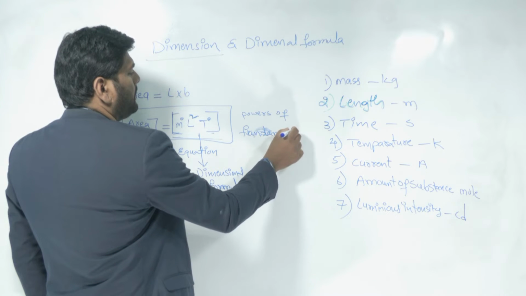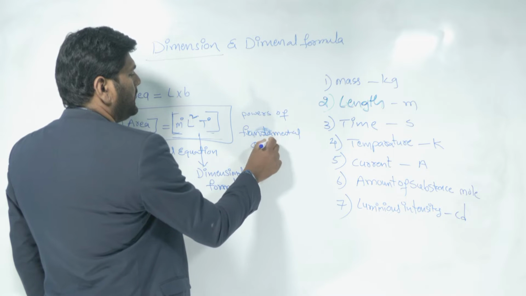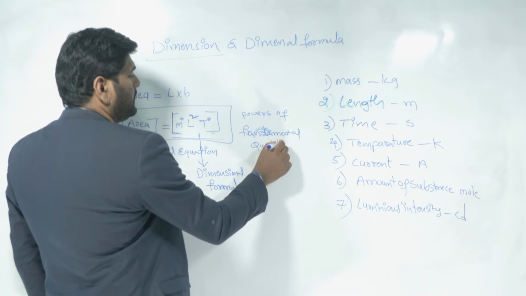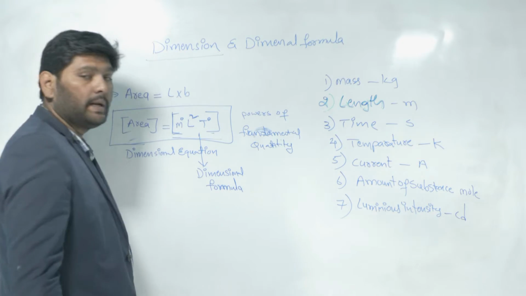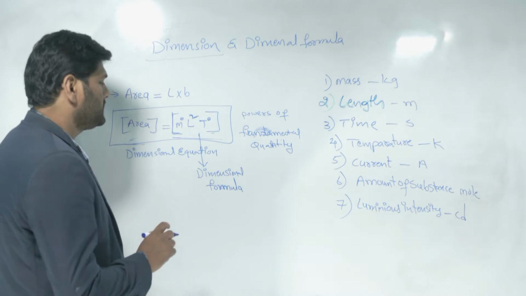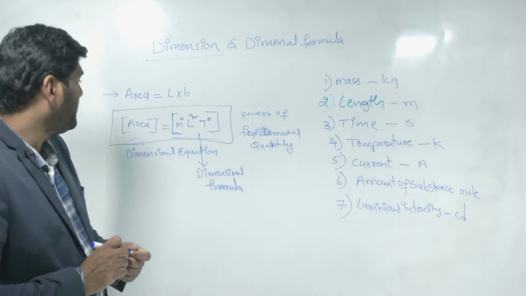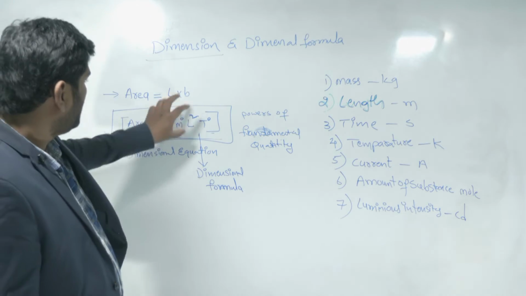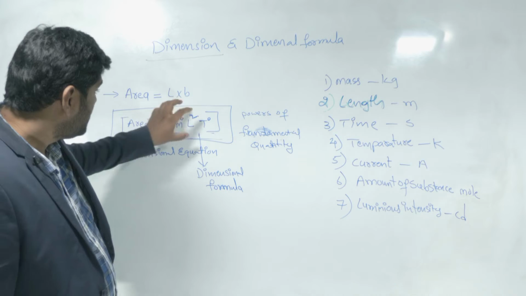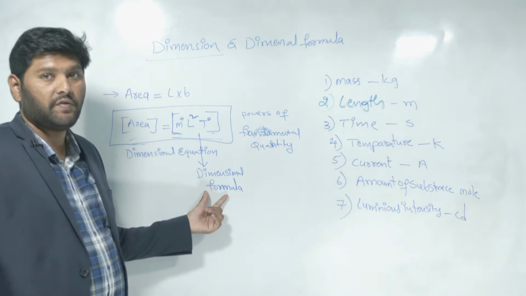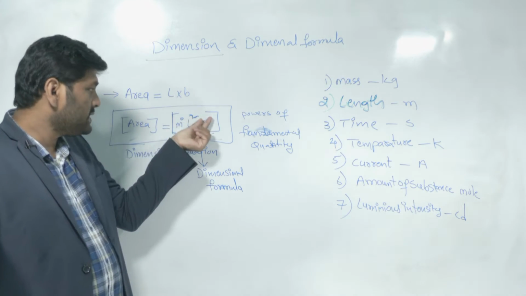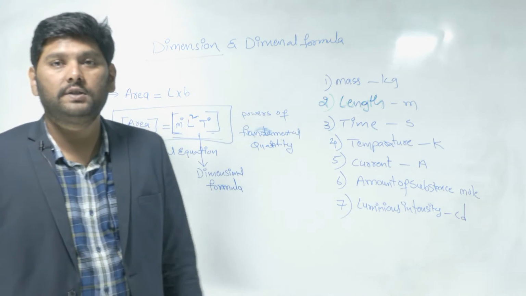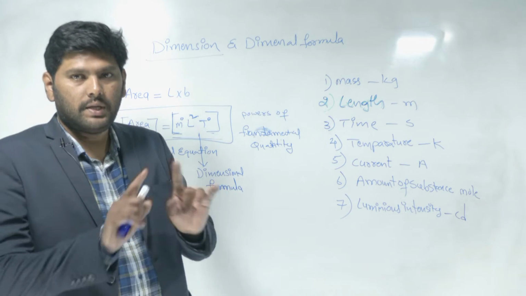Once again: the total equation is the dimensional equation, this part is the dimensional formula, and the powers of these fundamental quantities are known as dimensions of that physical quantity. So here I got clarity.